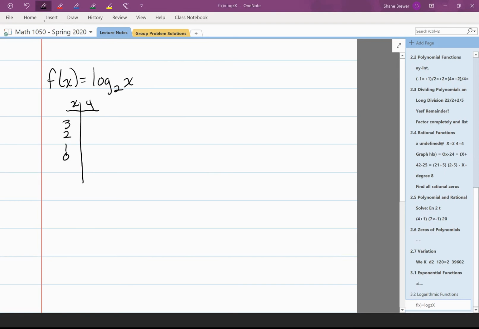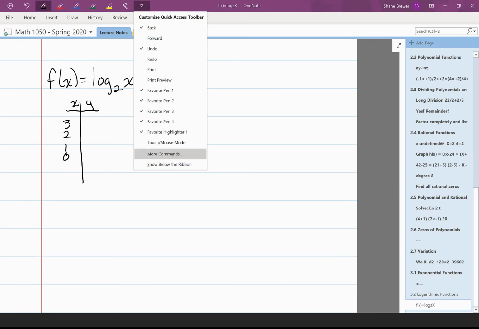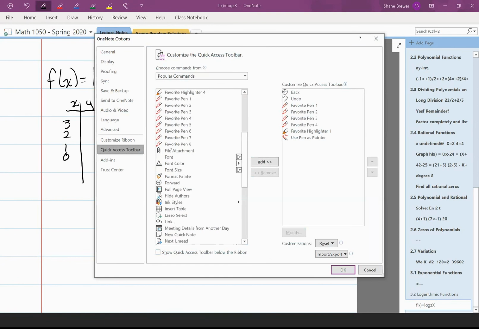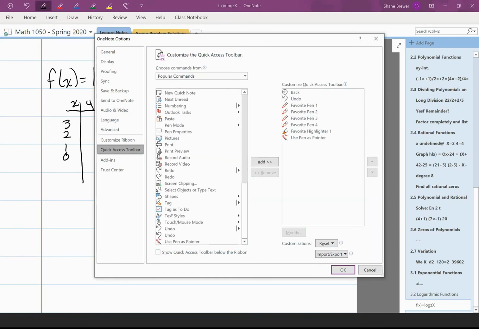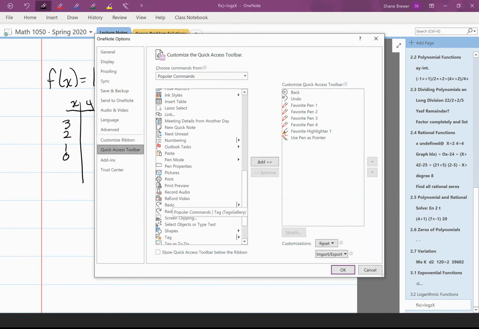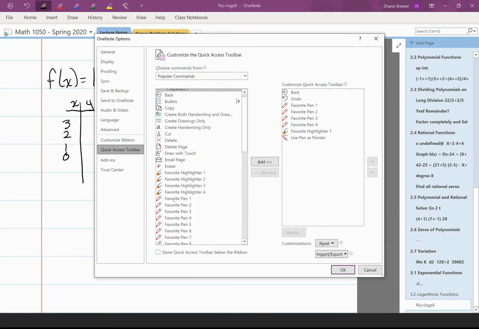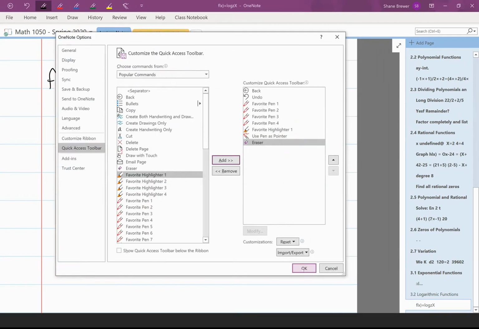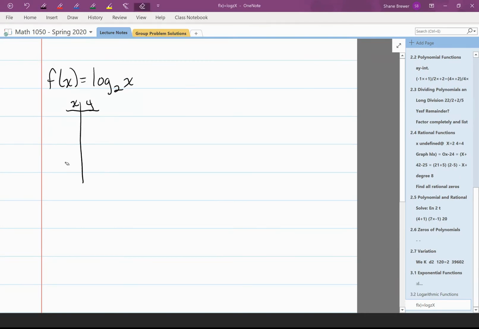I've got to be a little more selective because the log function is not super simple to use here. Okay. So here's what you've got to do.